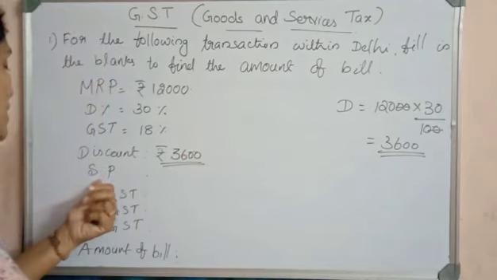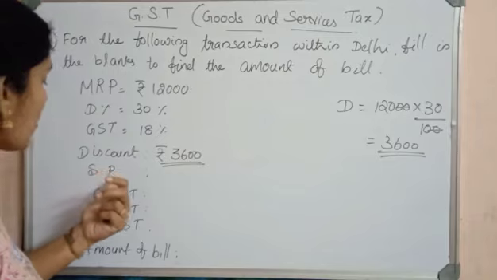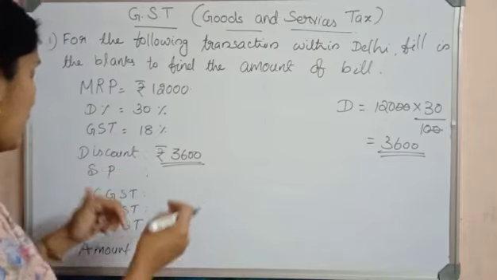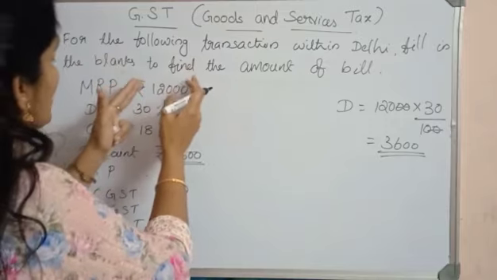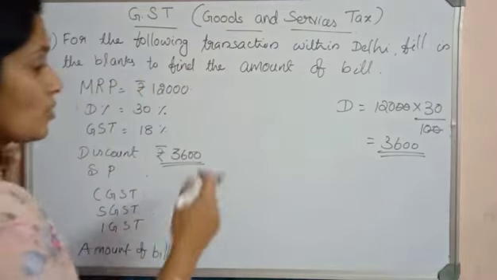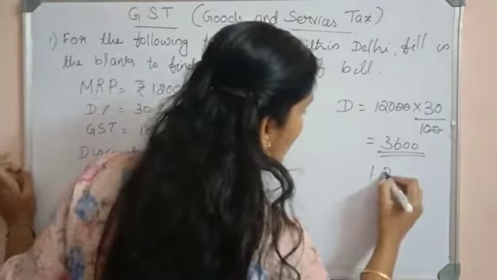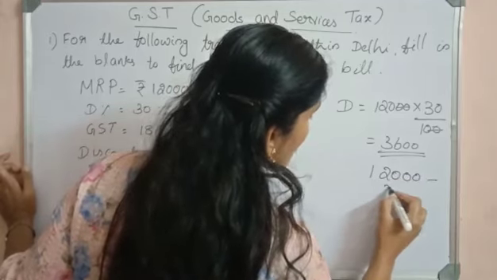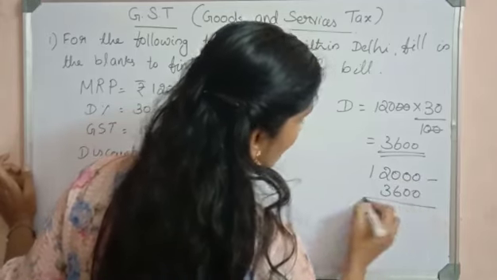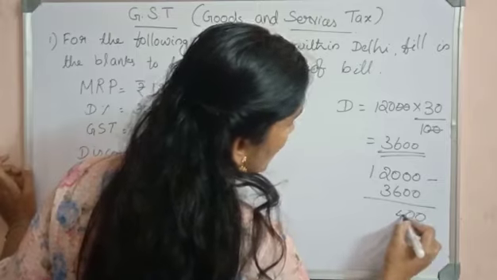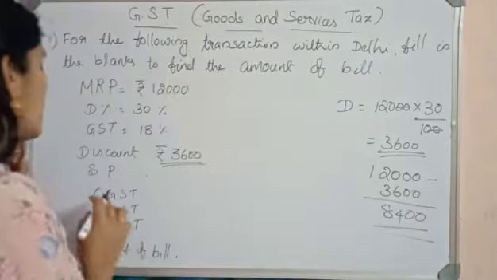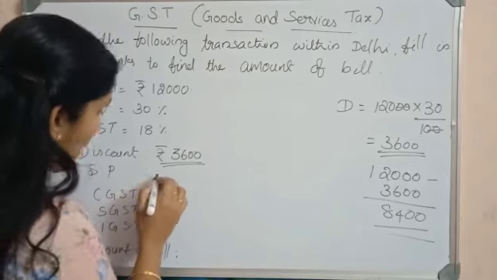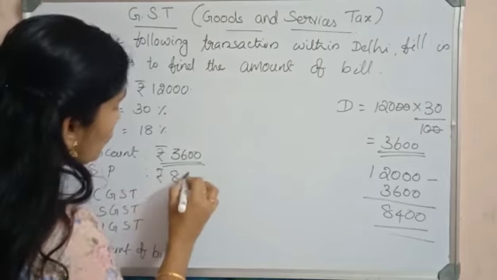Now the selling price. As I have told you, the selling price is the discounted price. That means we need to subtract the discount from the MRP or the list price to get the selling price. So the selling price is equal to 12,000 minus 3,600, which is 8,400. So the selling price or the discounted price is rupees 8,400.